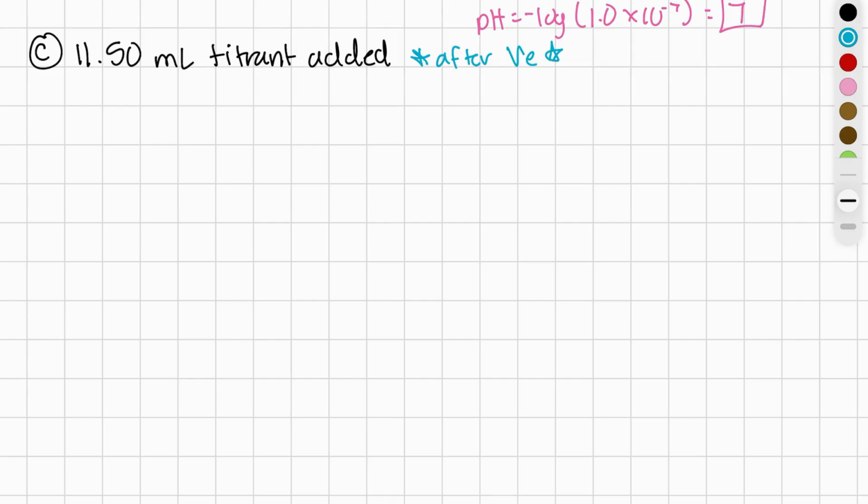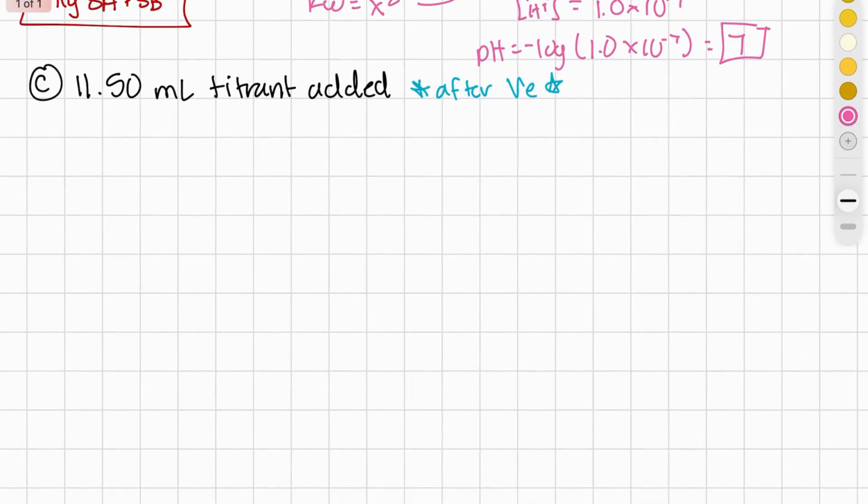So to solve this, once again, I'm going to use that streamlined calculation. Again, you can do this with moles if that makes more sense for you. But for the streamlined calculation, we're going to do the initial concentration of H plus times that dilution factor. And that dilution factor is found the same way we found it earlier.